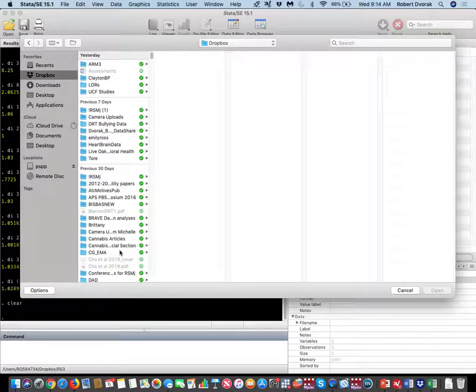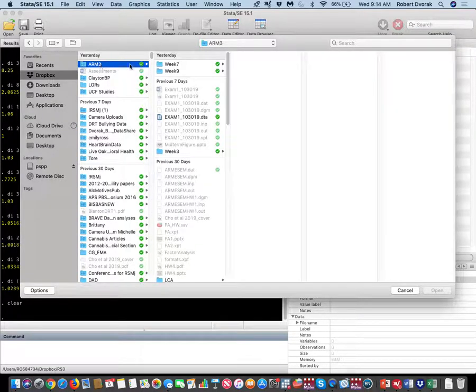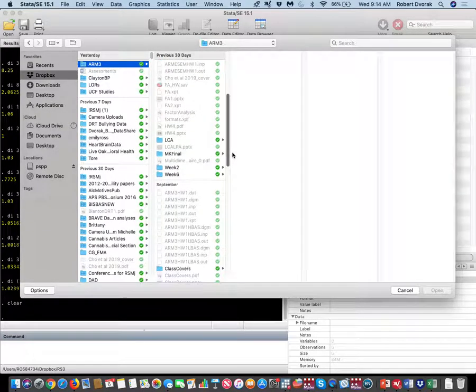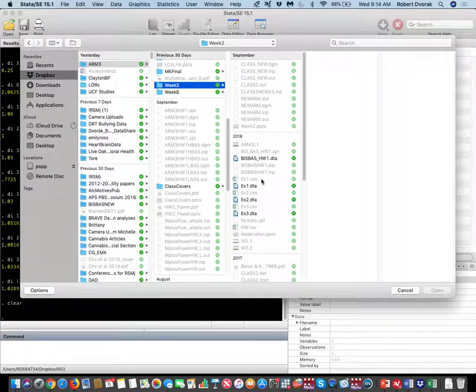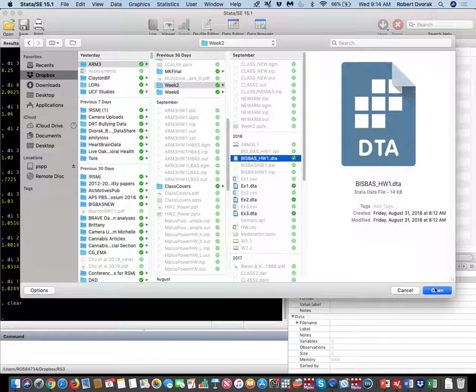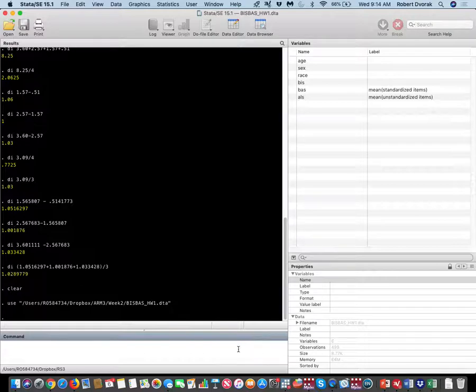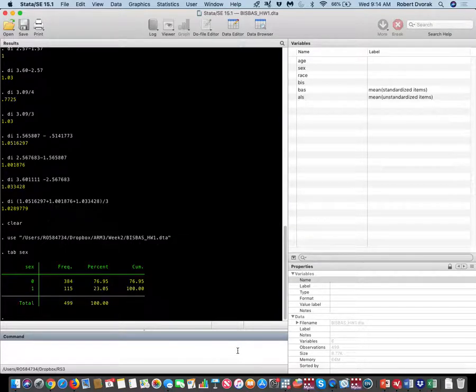where is a good data set to use here? We could use one of our ARM3 data sets. Let's not use the exam 1 data set. What do we have in week 2? Well, we have BISBAS stuff. All right. Oh, that's fine though. Tab sex.